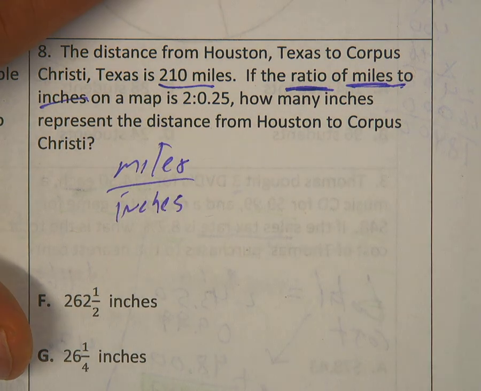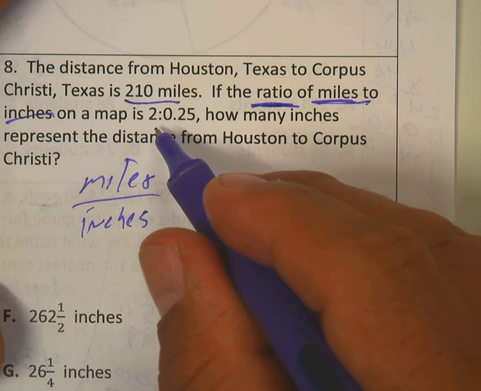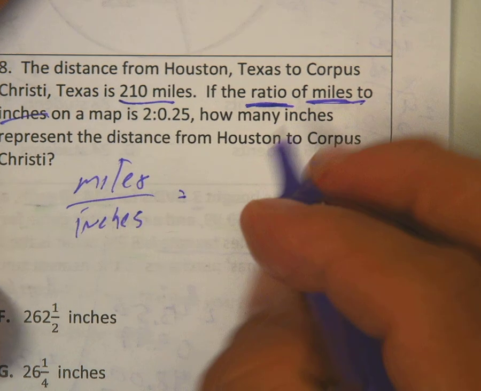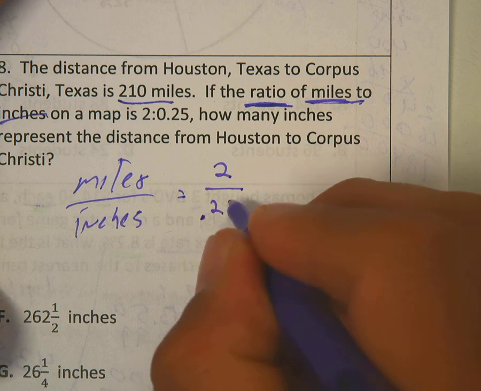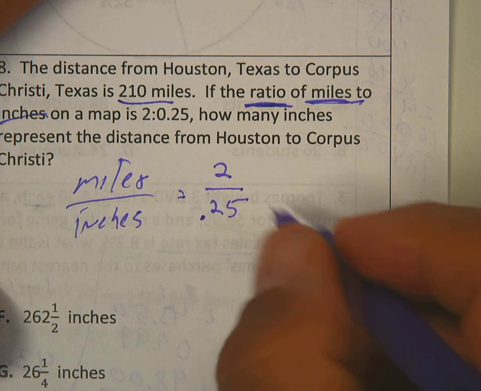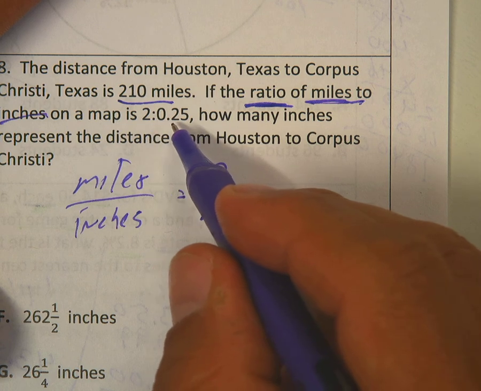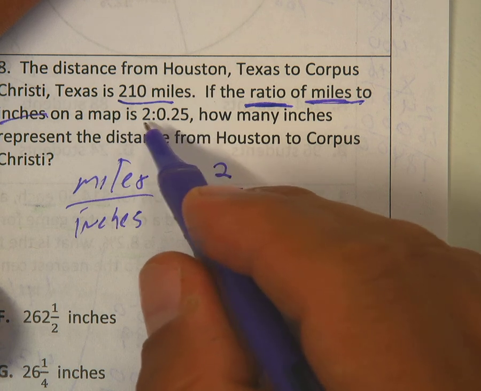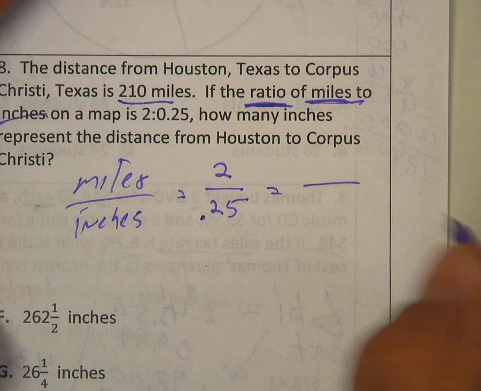Okay, so miles to inches is, and it tells you there, look, 2 colon 0.25. So 2, and over here 0.25. Okay, 2 to 0.25.